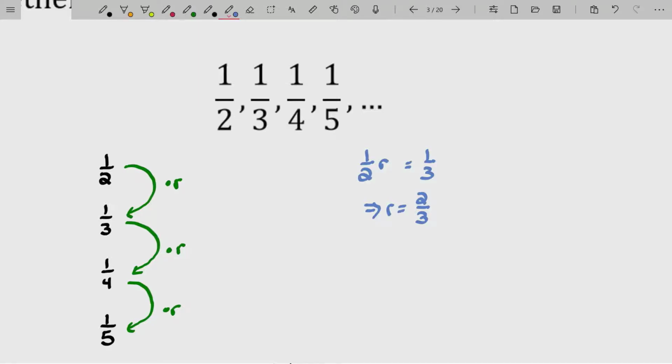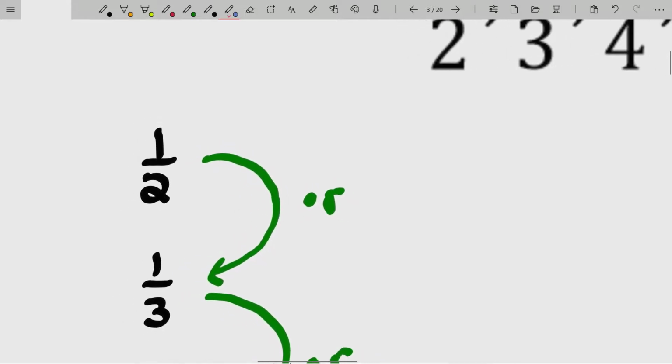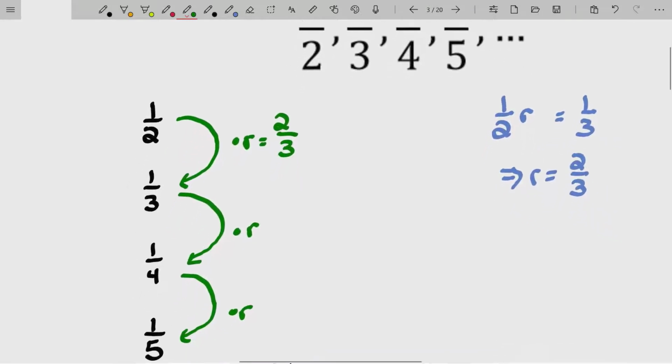So I'm going to go ahead and say, therefore, that this common ratio, at least this r right here, has to be 2/3. Well, that's a little bulky, so let me make that a bit larger, 2/3. Great. So let's see if I multiplied by 2/3. Say, does that equal 1/4 there?